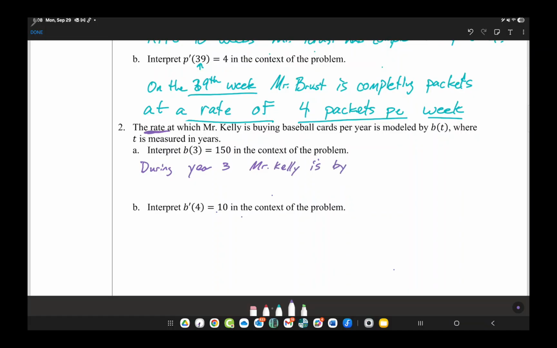I'm just going to say buying because purchasing is too much of a word. At a rate. Again, if this is a rate function, you need to have that at a rate of 150 cards per year.